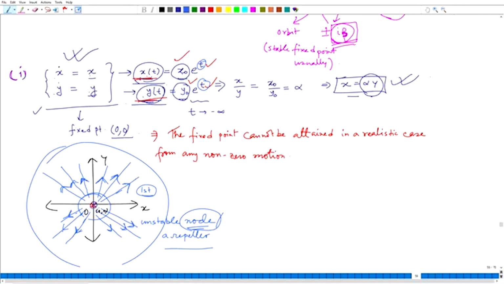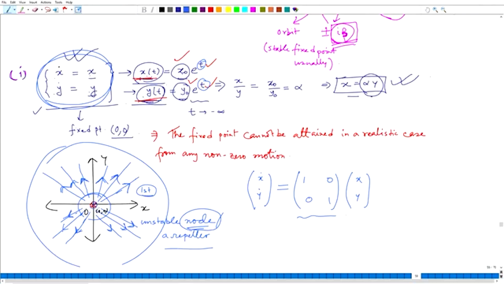I am going to this equation once again. This equation can now be written in a different form: x dot and y dot is equal to the matrix 1 0 0 1 acting on x and y. This is simply the unit matrix of order 2.